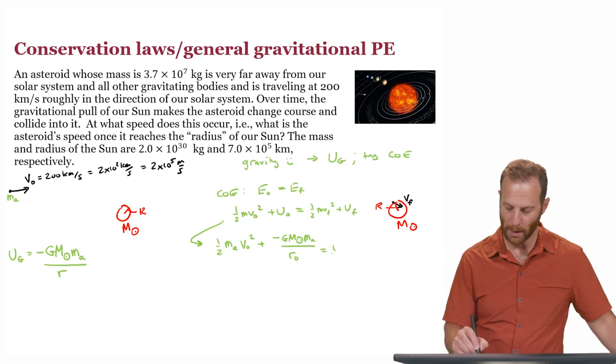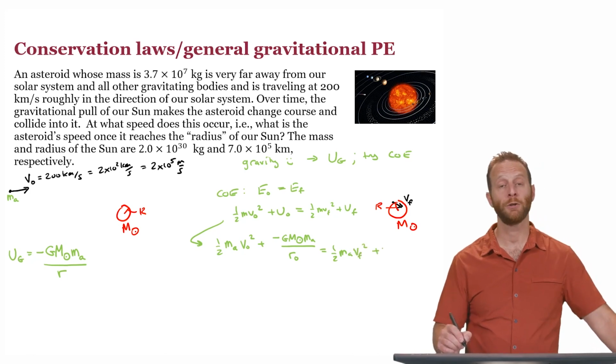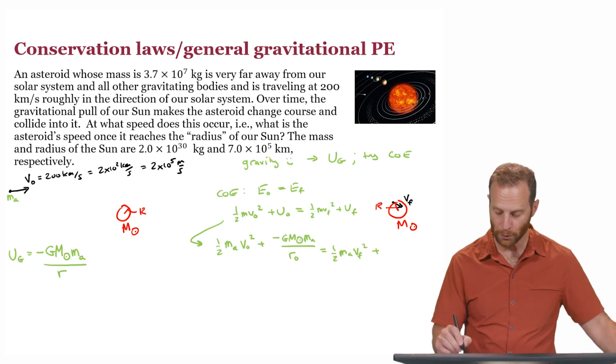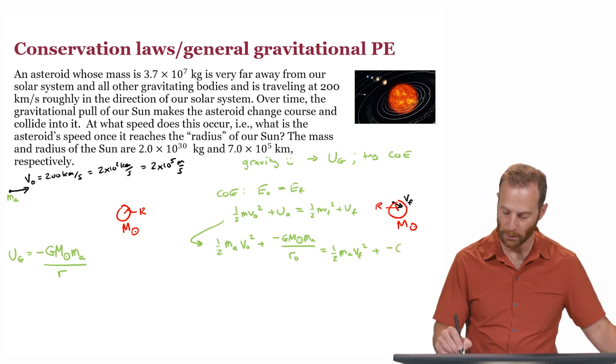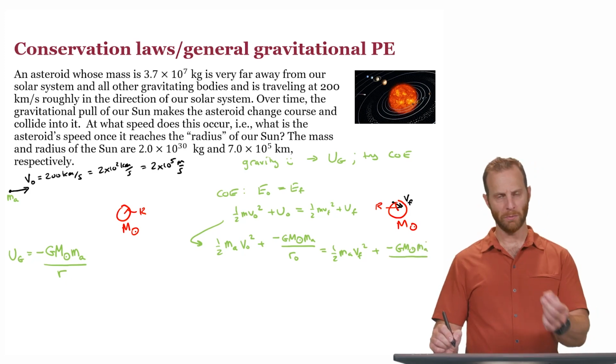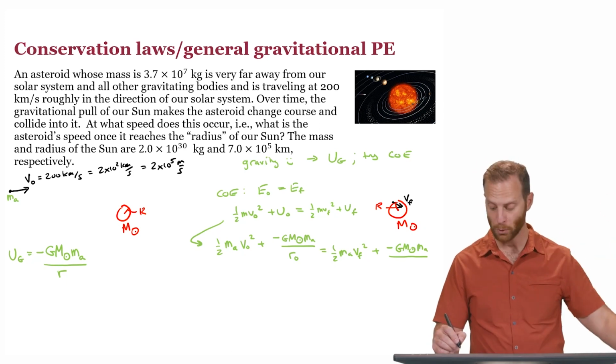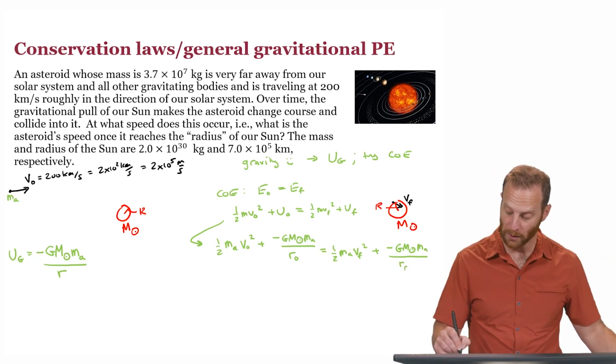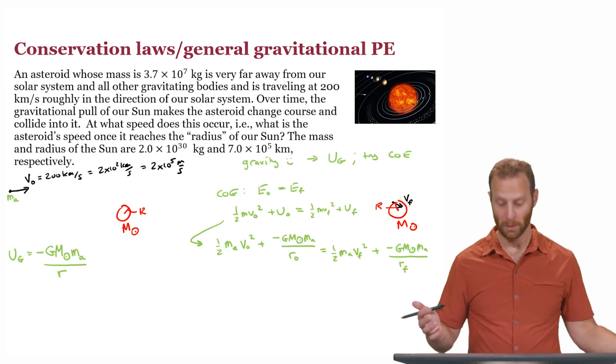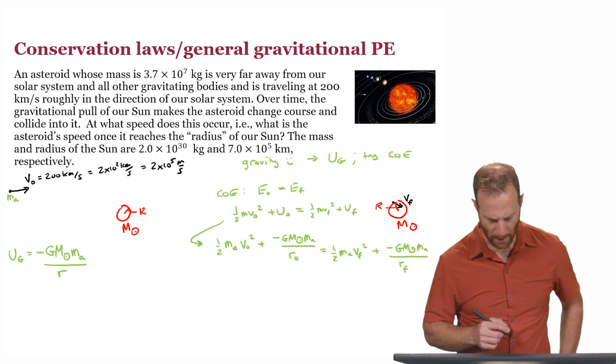That will be equal to 1/2 times the mass of the asteroid, its final speed squared, and then add to that the potential energy at the very end when it's colliding into the surface of the sun: minus G mass of sun, mass of asteroid, and the final distance. The distances are measured from the center of the sun to wherever the asteroid is. This final distance should be the radius of the sun, but we'll do that in a minute.